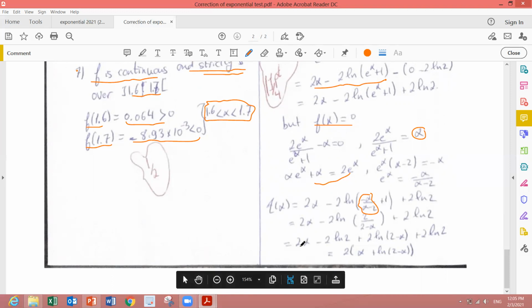It will become 2 alpha minus 2 ln 2, this is ln A over B is ln A minus ln B, plus 2 ln(2 minus alpha) plus 2 ln 2. I take 2 common and it remains alpha plus ln 2 minus alpha square units of area.